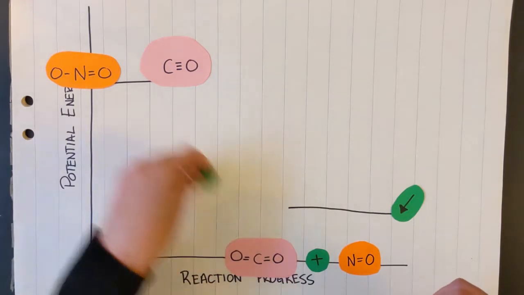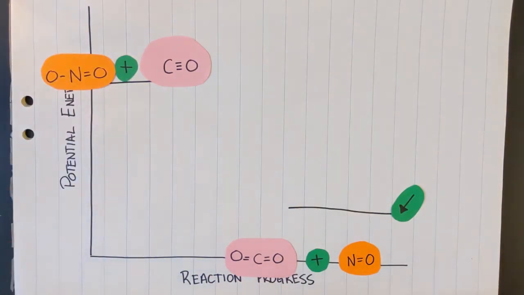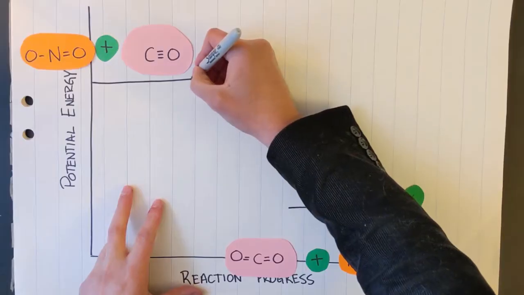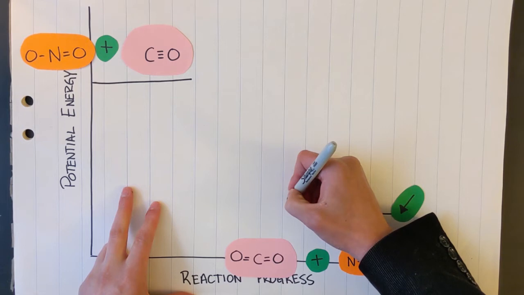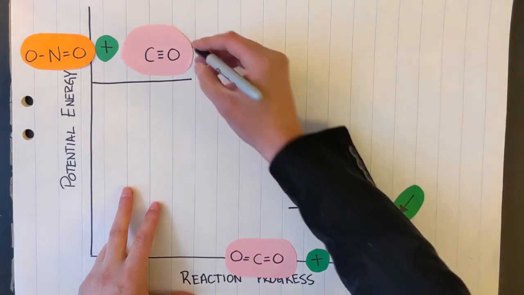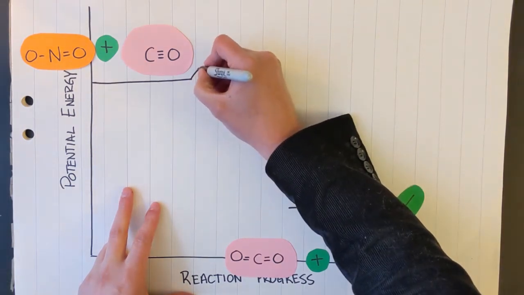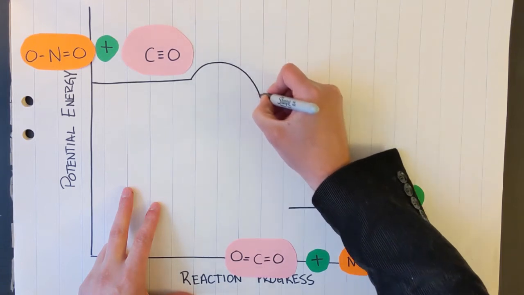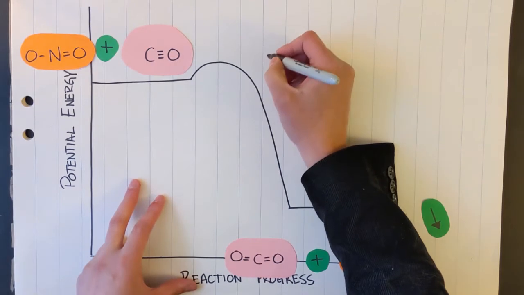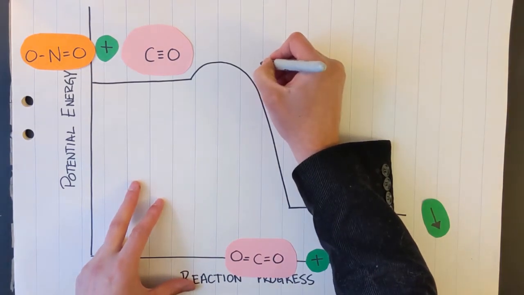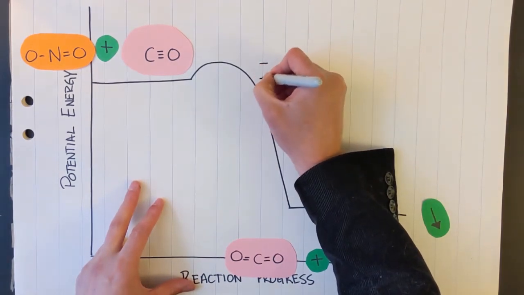In order to be able to provide enough kinetic energy, we have a little hump. We have to add a bit of energy in order to get the reaction to happen. So it's not like we've drawn before where this goes straight down to my products, but I actually have to put a little bit of energy into the system. There's a little bit of a hump here. And this hump is called the activation energy.